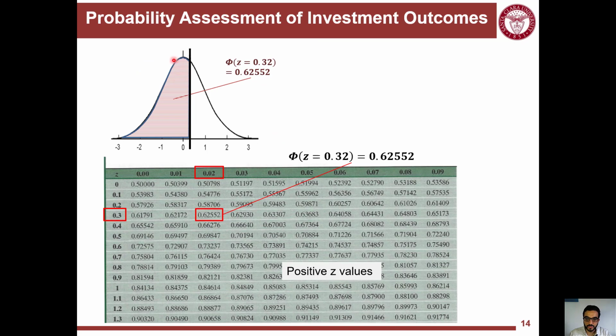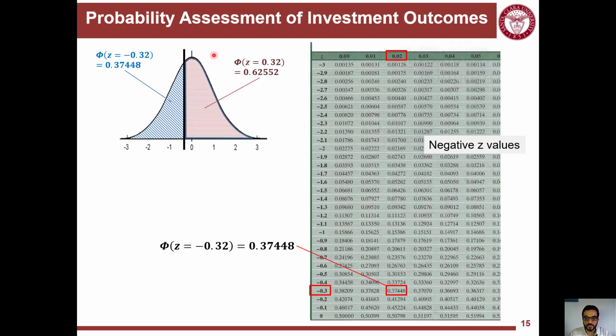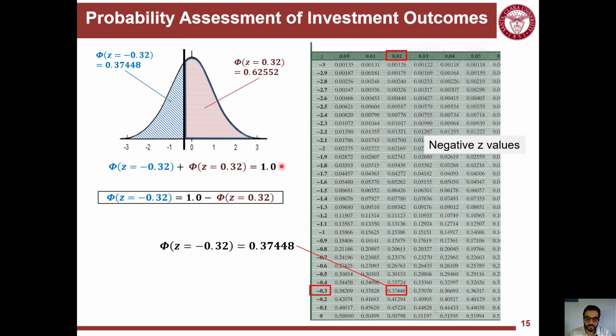So the area to the left of the value when it's positive is equal to the area to the right of the value when it's negative, and this is why, when you add them together, it will be 1. So if you're dealing with a negative Z value, it's basically 1 minus the cumulative probability when Z is the positive value. So you don't really have to deal with negative Z tables. You just need to deal with the positive Z table.